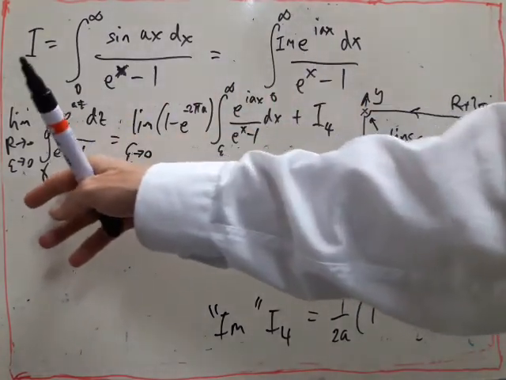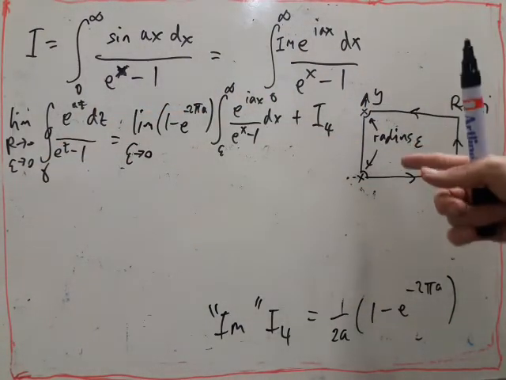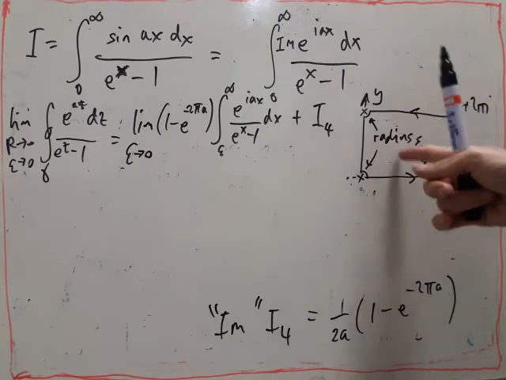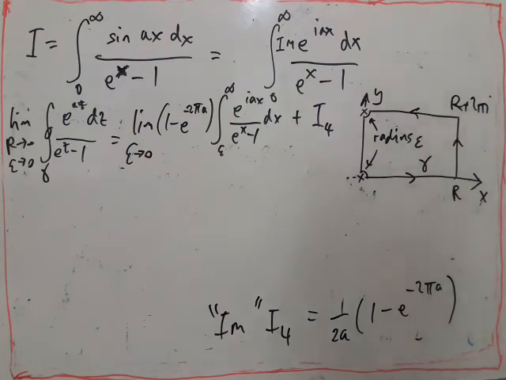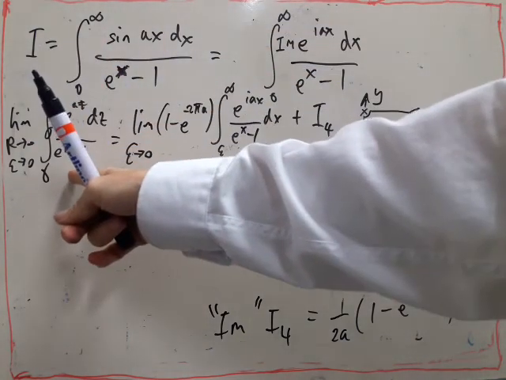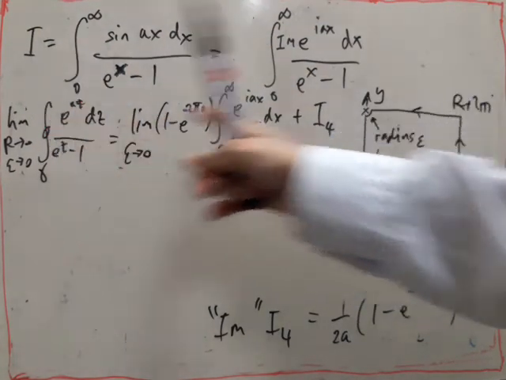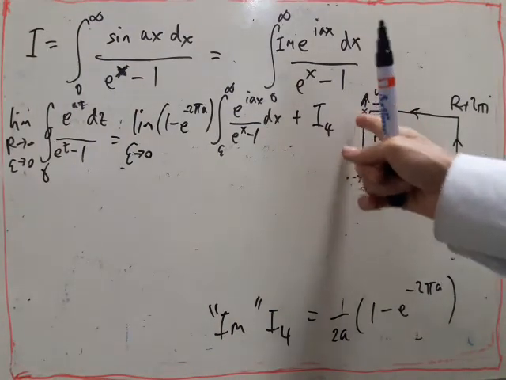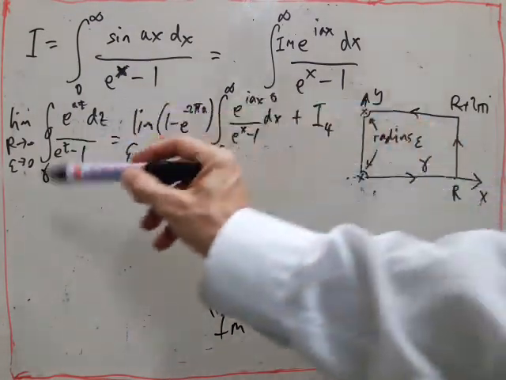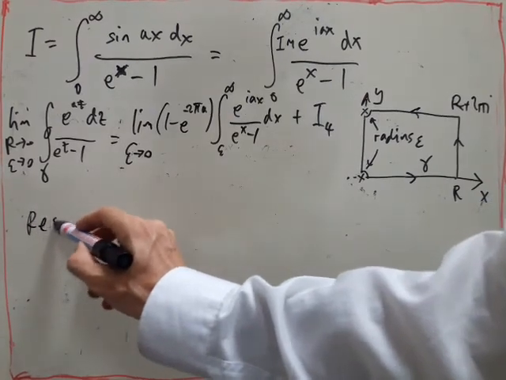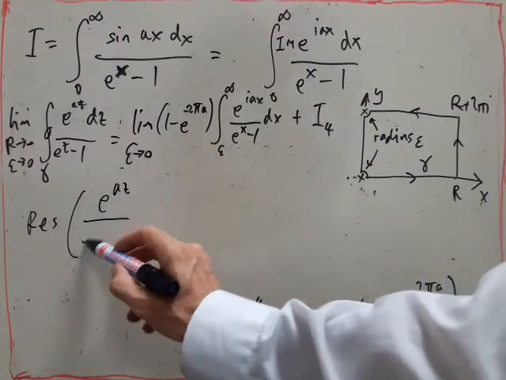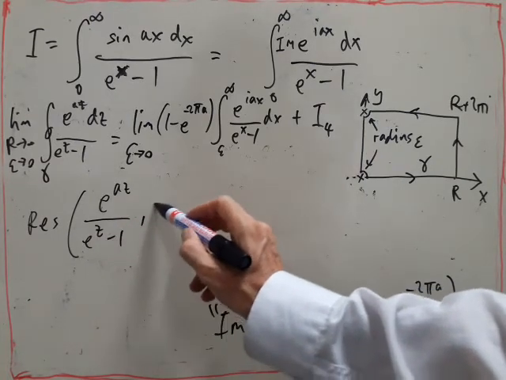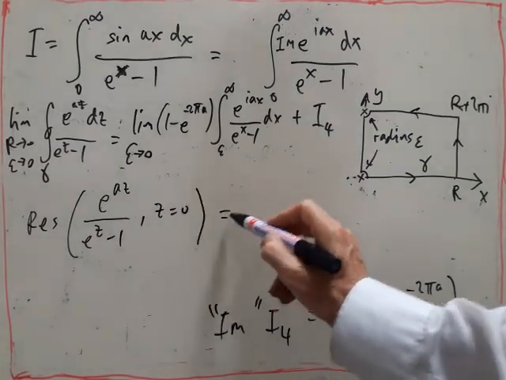So finally, this thing here, we can evaluate using the residue theorem. There are no poles inside the contour, but on these corners we need to know the residue, and this will equal i pi by 2 times the sum of these two residues. So we need to work out the residue of e to the az over e to the z minus 1 at z equals 0.